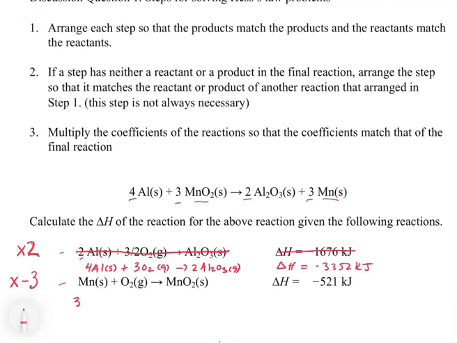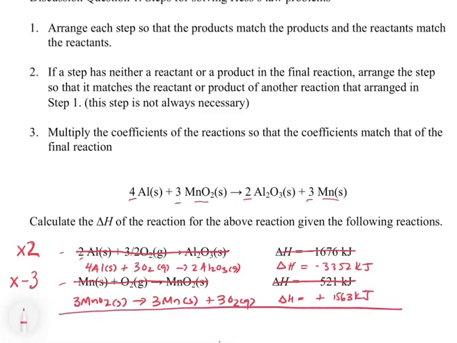If we do that, we're going to get 3 MnO2 solid goes to 3 Mn solid plus 3 O2 gas. Now I can cross this out because I've taken care of it. And then I have to multiply my delta H by -3. So if I do that, I get delta H now is equal to plus 1563 kilojoules.